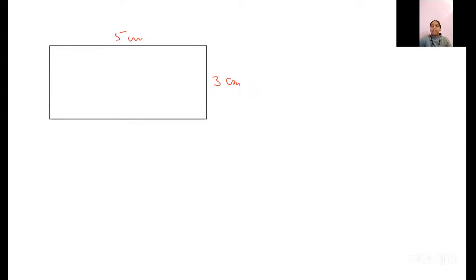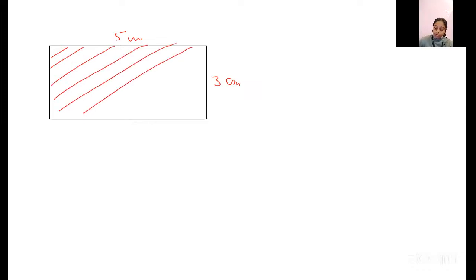When we were doing the perimeter, we added them and multiplied by 2. But when we are doing the area of a rectangle, we multiply one length and one breadth. That gives us the area of the rectangle.